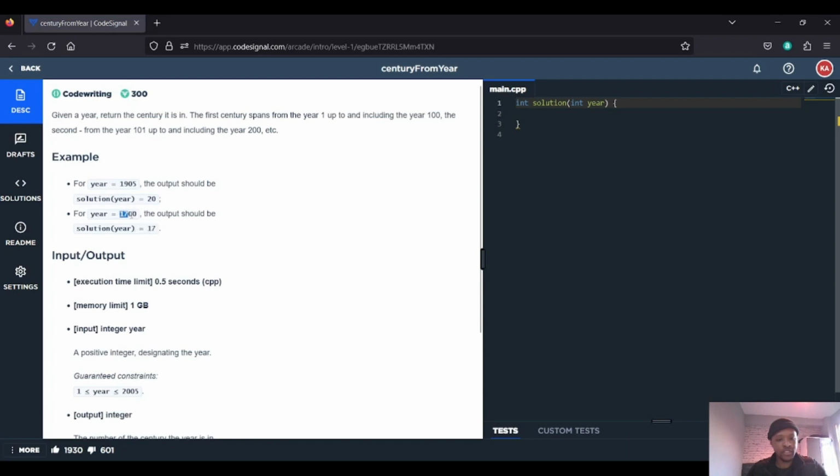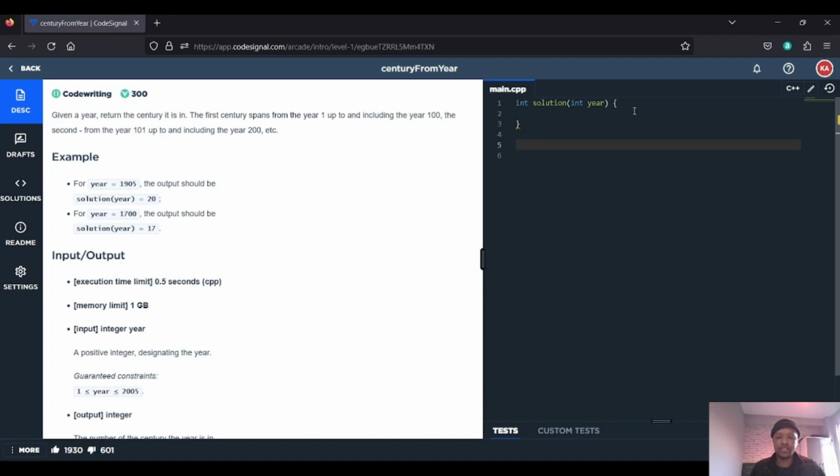So 1700 belongs to the 17th century, and the 1905 year belongs to the 20th century. So we have to write a function that, given an input year, should return the century it is in. Okay, so let's start analyzing this solution and come up with a proper answer.